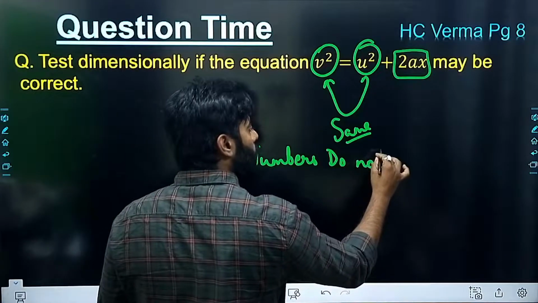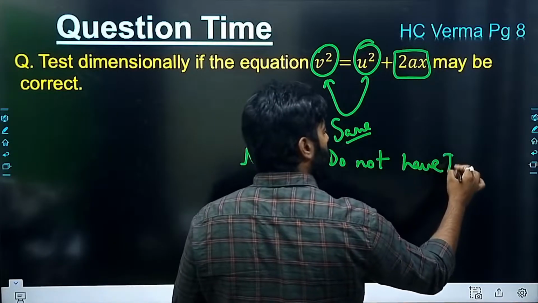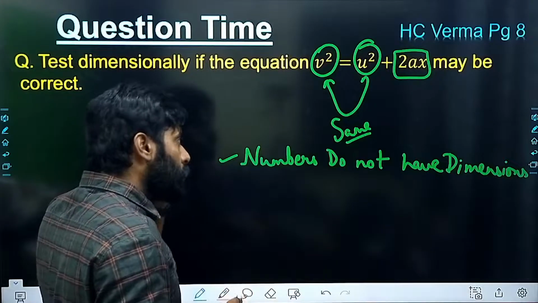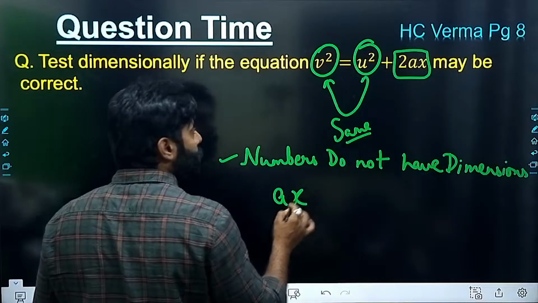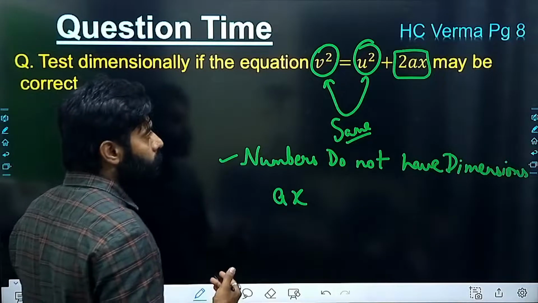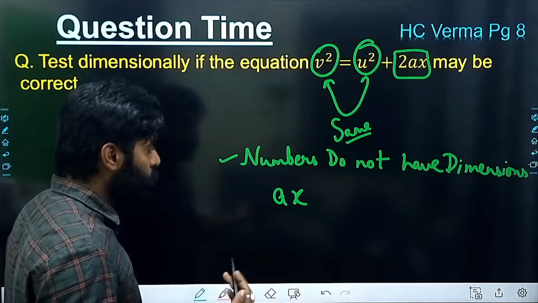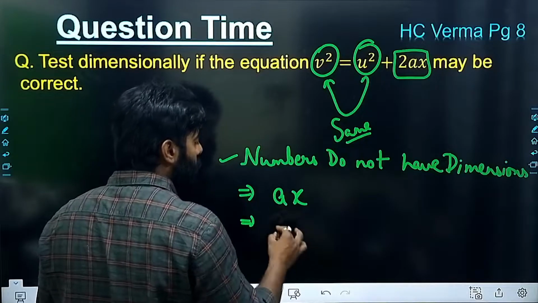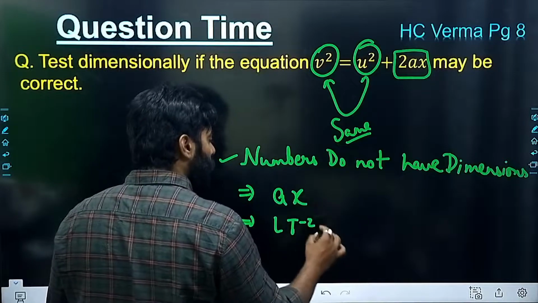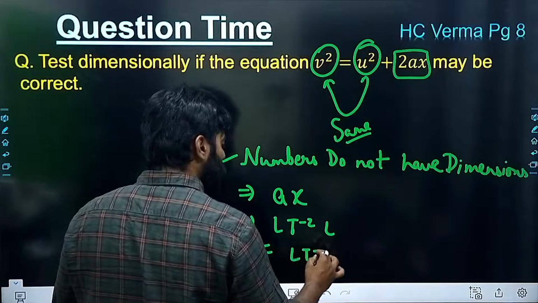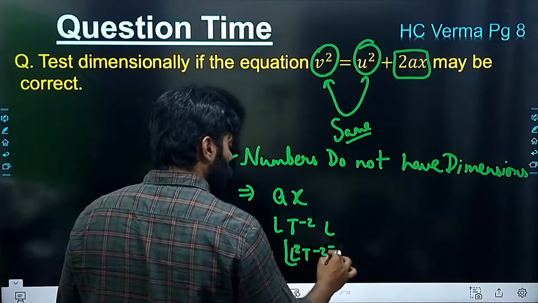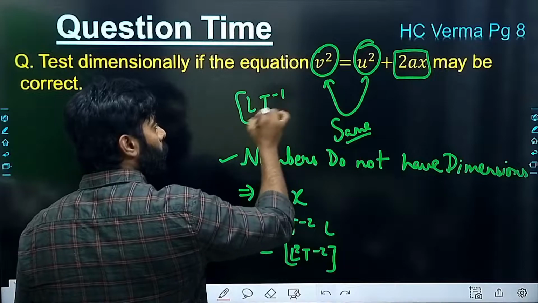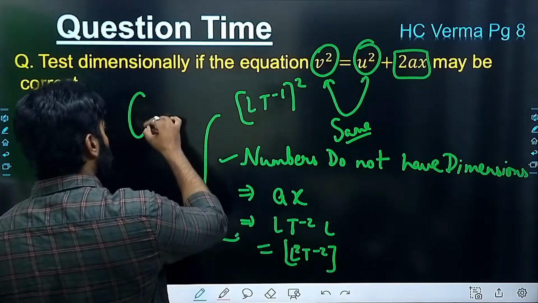Numbers do not have dimensions. So we have ax, where a is acceleration. V square minus u square is equal to 2ax. If we find the dimensions of ax, it is LT minus 2 times L, which is L square T minus 2. So this is the same as LT minus 1 whole square. So this is correct.